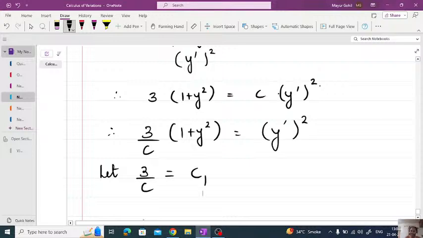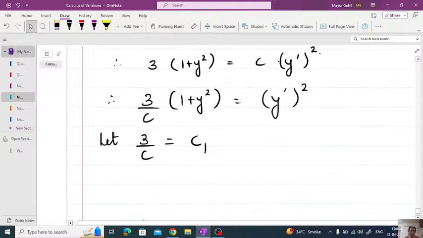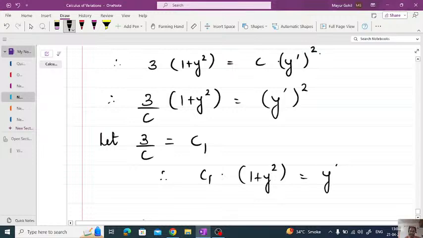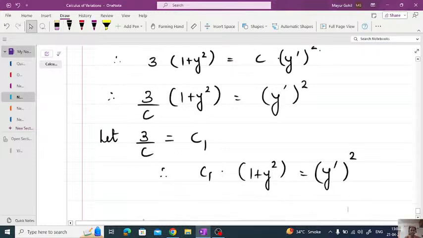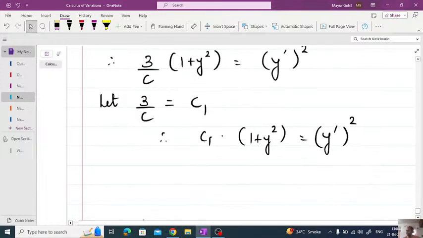These constants can be adjusted, not an issue. Therefore c1 into 1 plus y square is equal to y dash square. So this is basically c1 here. You can do your adjustment also, not a big problem.